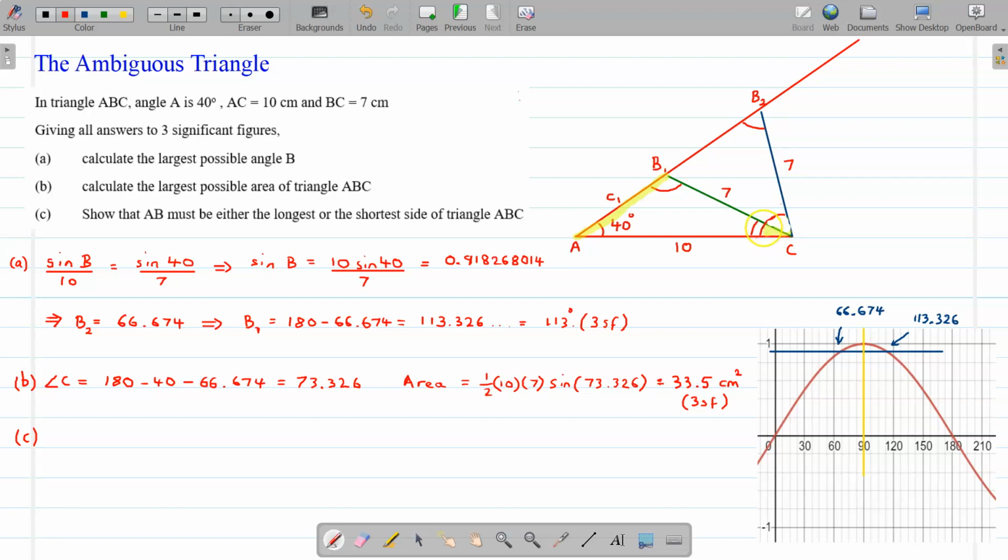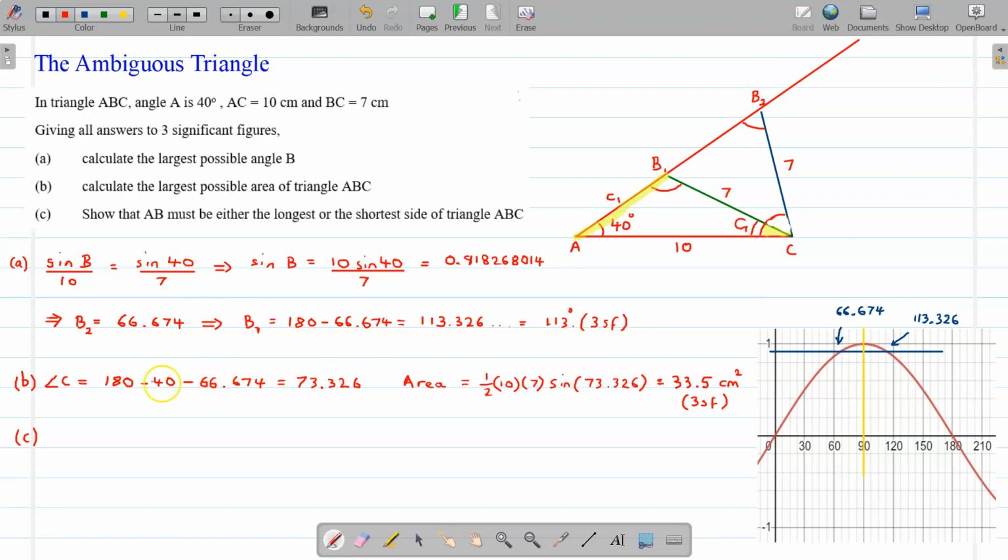Well, that angle comes from 180 minus 40 minus this larger angle here, which was 130. So if I call this angle in here C1 with a capital C, that's angle C1.